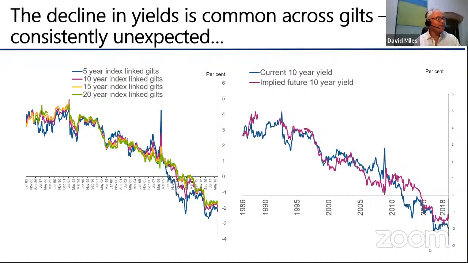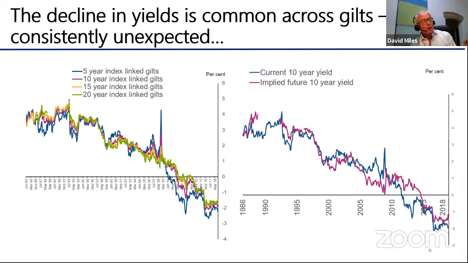So if you look at 1986, the actual 10-year yield was about 4%. And the purple line was saying that's what people thought the 10-year yield would be in 10 years' time. So nobody thought at that point that the 10-year yield 10 years ahead would be dramatically lower than it was today. And that's consistently true right across the period.